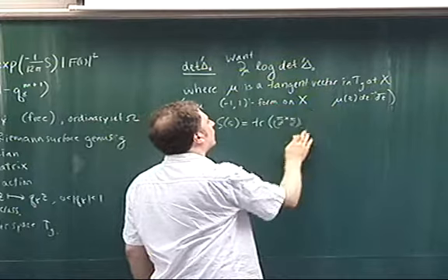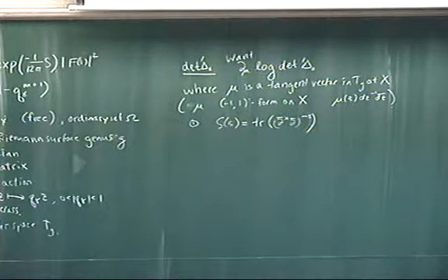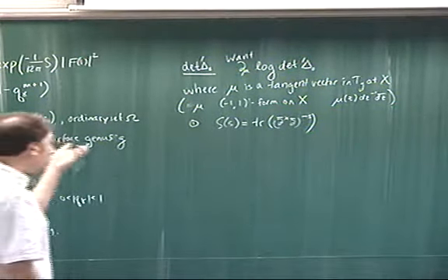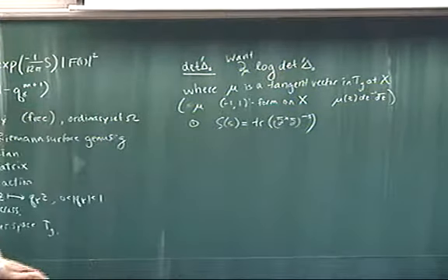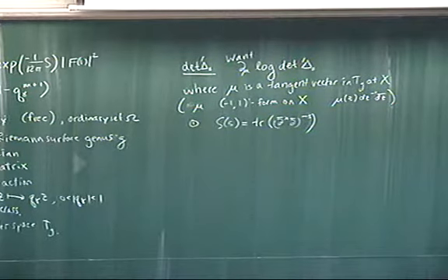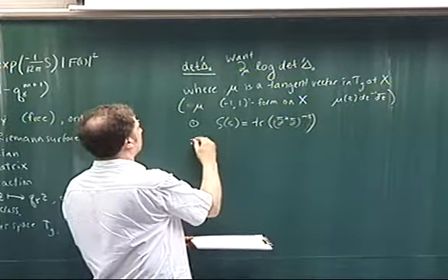Right. And then one just varies the zeta function, and then analytically continues that. And then trading operators under the trace.